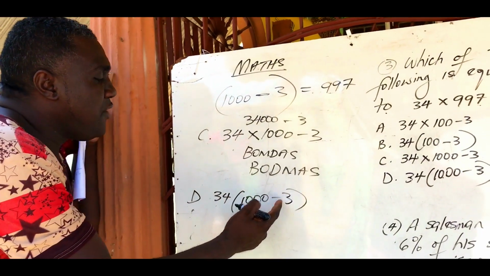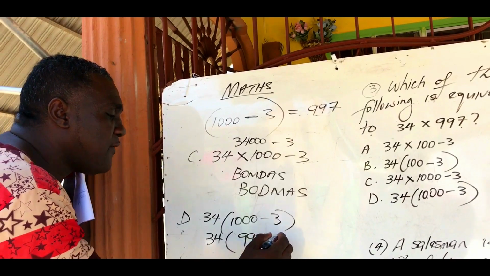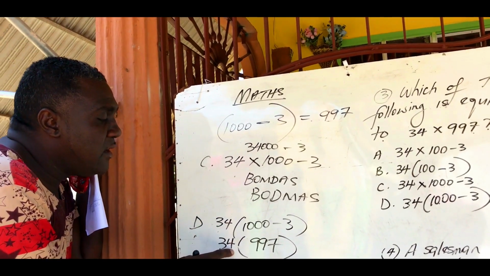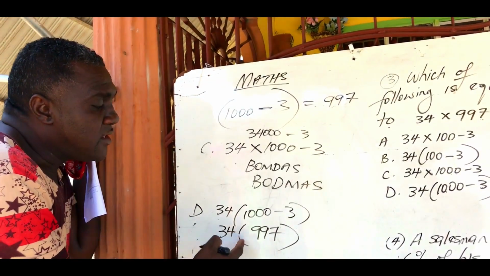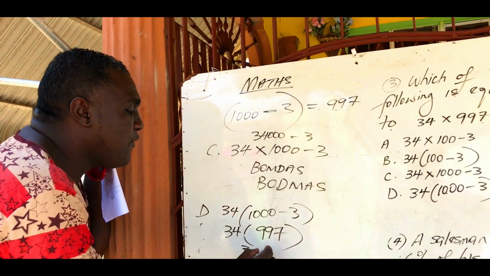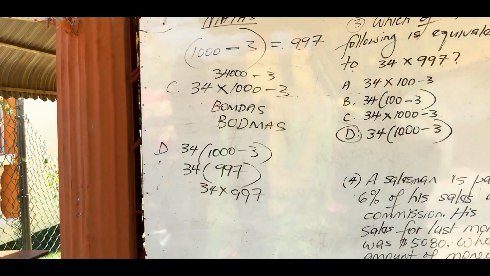When we take 3 from 1000, we have 997. And whatever is outside the bracket is telling us to multiply what is on the inside. So right here would be 34 times 997. Hence our answer is D, and you circle D.